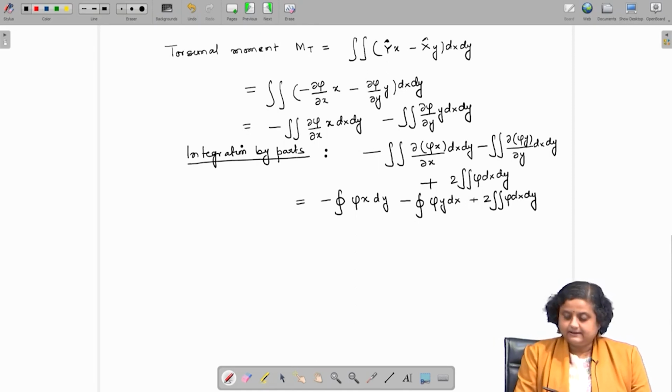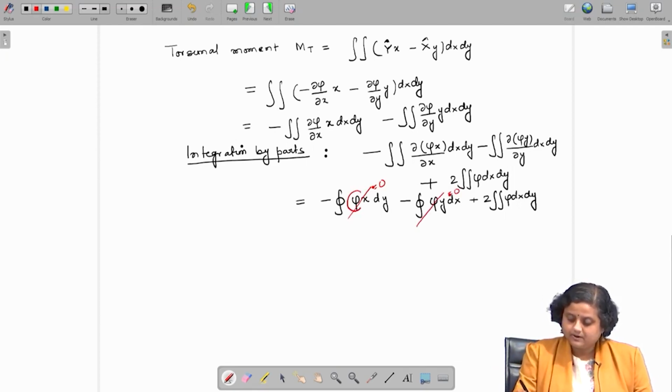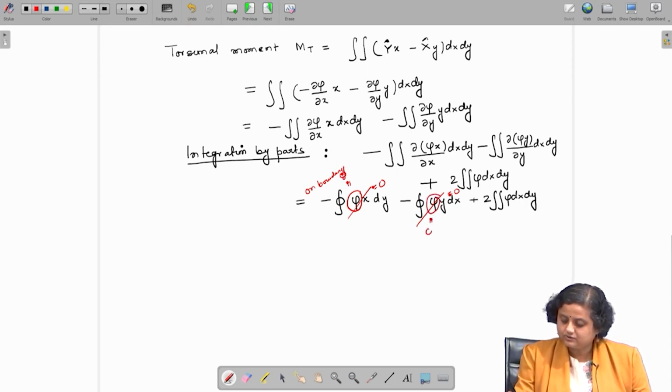Again, this has to be equal to 0 and this integral also needs to be 0 because phi is equal to 0 on the boundary. Similarly, this phi is also equal to 0 on the boundary.